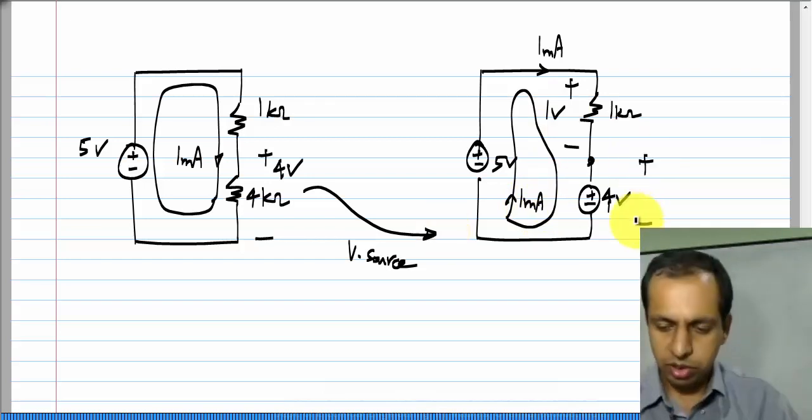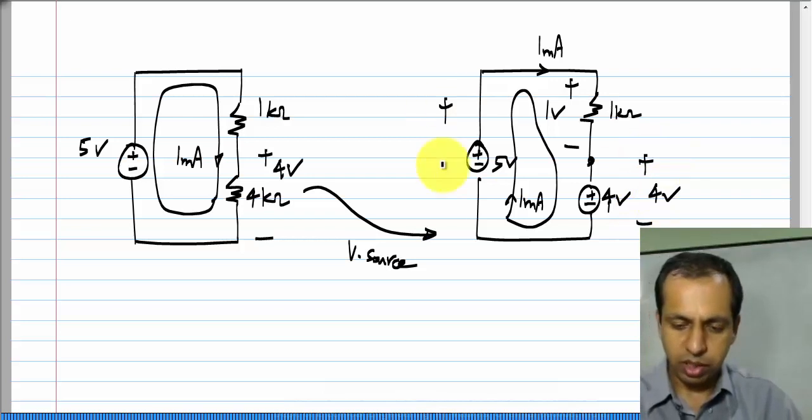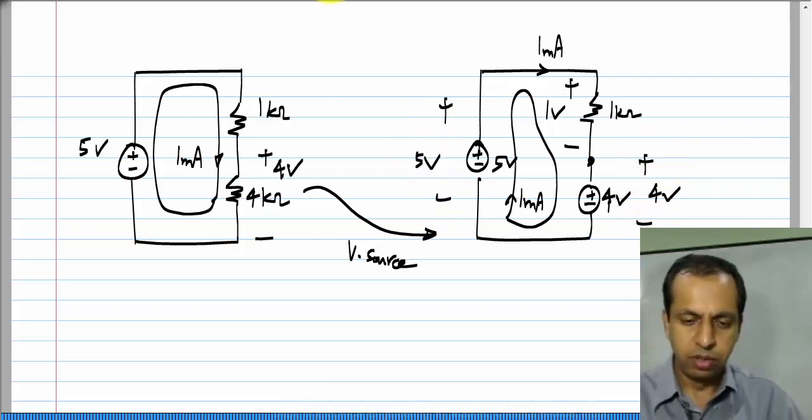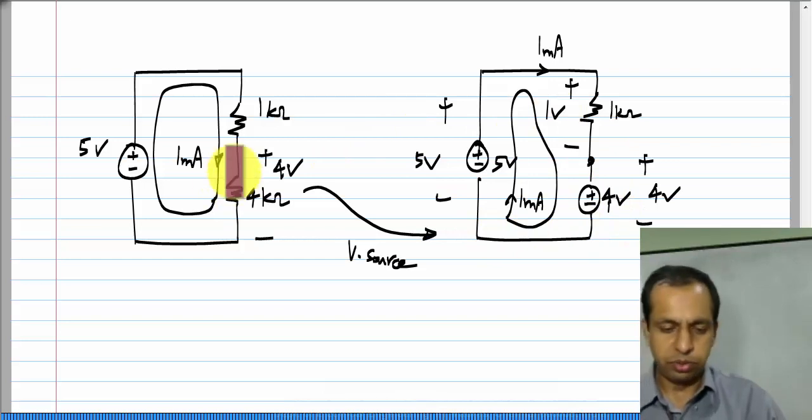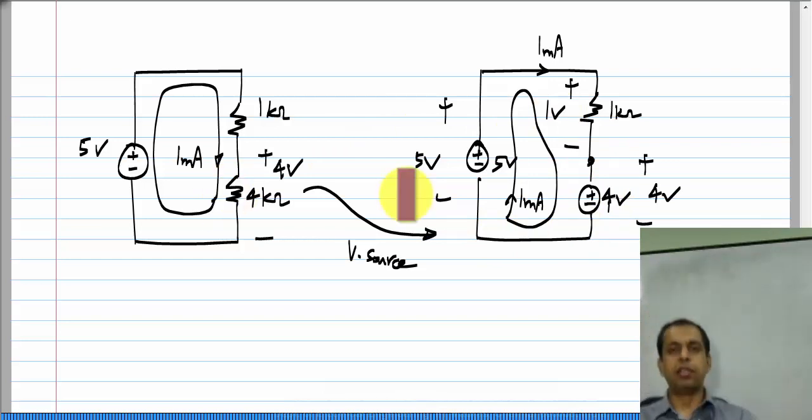Now, the voltage across this is obviously 4 volts and across here it is 5 volts. So, comparing element by element and comparing this voltage source to this resistor, we see that no branch voltage or current has changed in the circuit. Okay. Like the other variant with the current source, this is useful for proving theorems and sometimes in actual circuit synthesis under some conditions if the voltage source can be replaced by a resistor also.